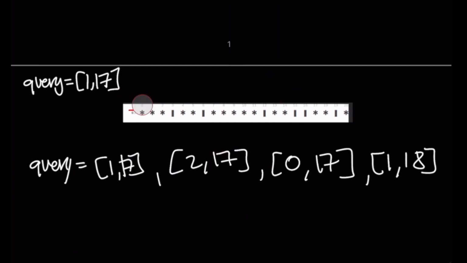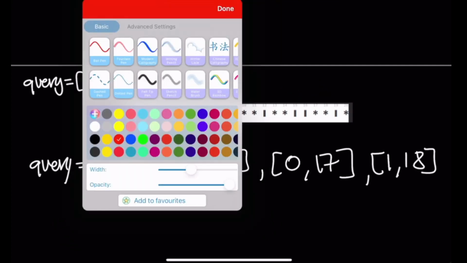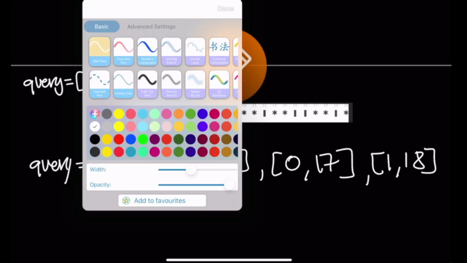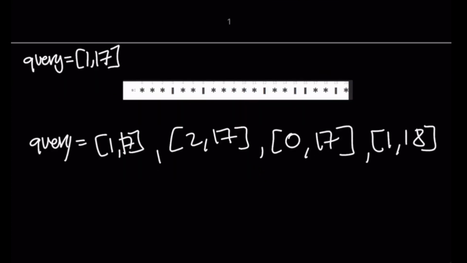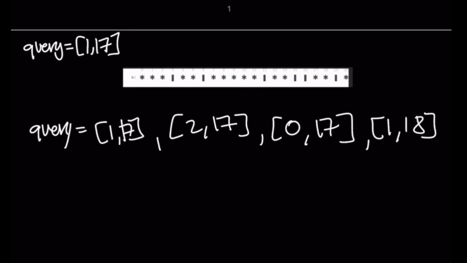So it's important to be able to record what the leftmost and the rightmost candle is for each index so that we don't do repeated work, right? Well, how would we record this, right?